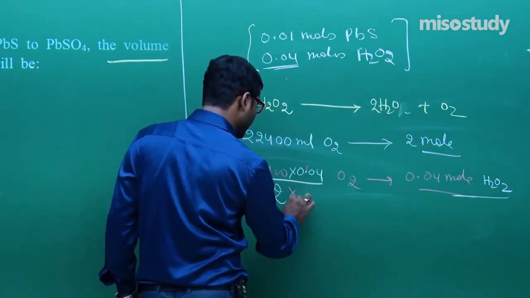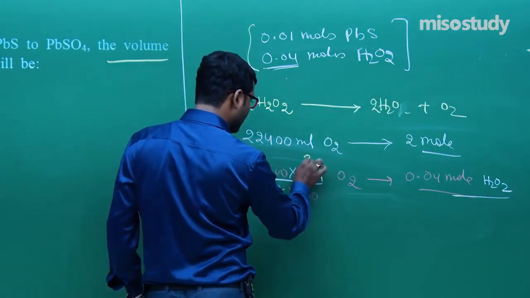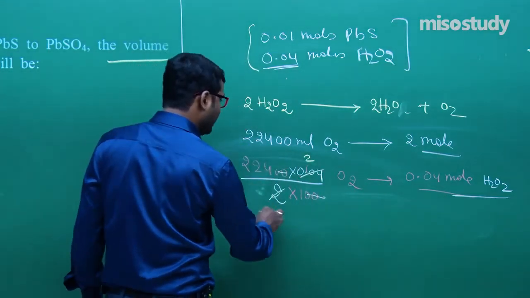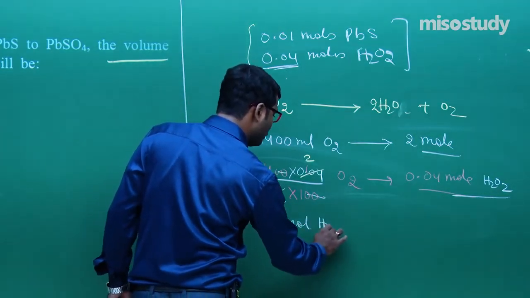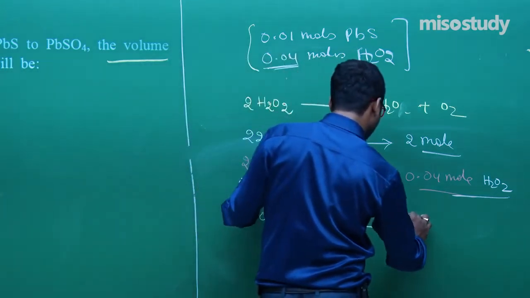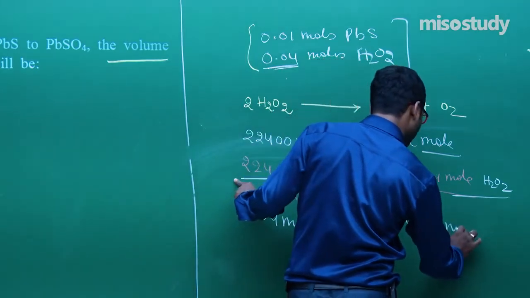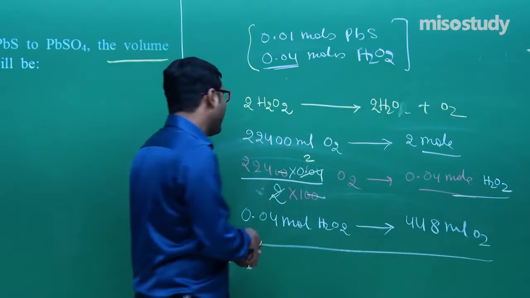Now what will happen, check it out: that is 100. Now this will cancel each other, 2 to 4, and the zeros will cancel each other. By using 0.04 mole H2O2 we get 448 ml of O2. Clear? Now here 10 volume is given.